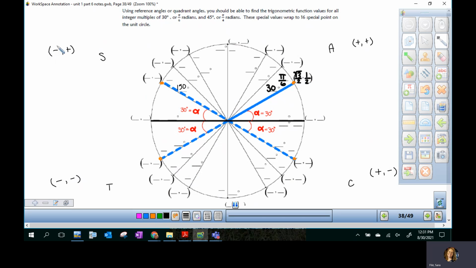But this time the x is negative. So it's negative square root of 3 over 2, positive 1/2. When I'm 30 degrees away from the x-axis in quadrant 3, I'm at 210 degrees, and both x and y should be negative. So this should be negative square root of 3 over 2, negative 1/2.